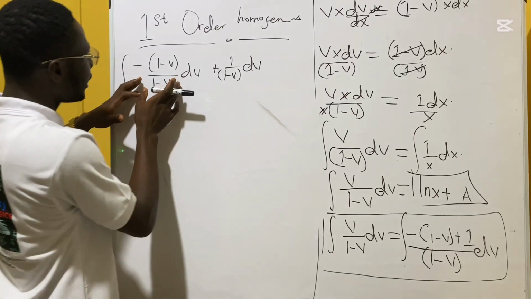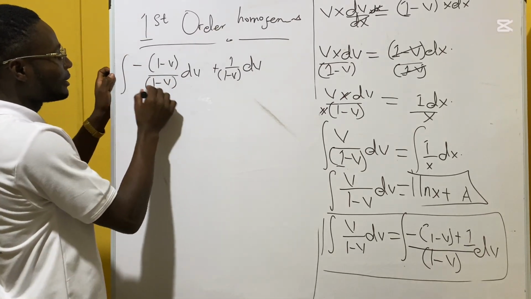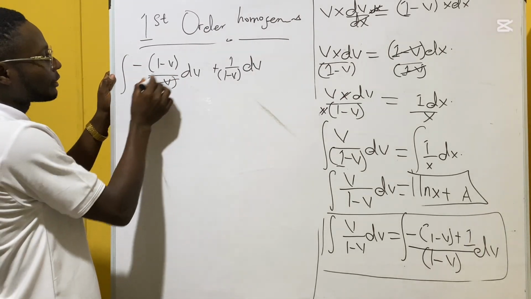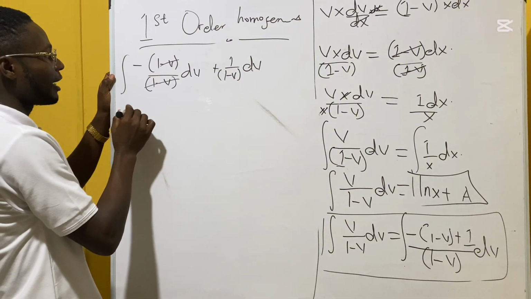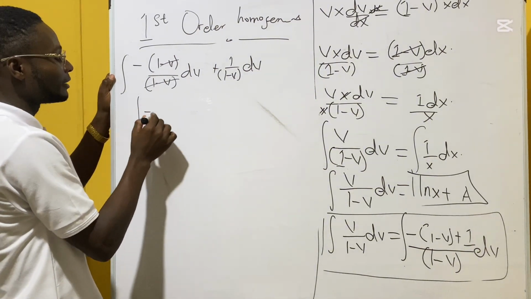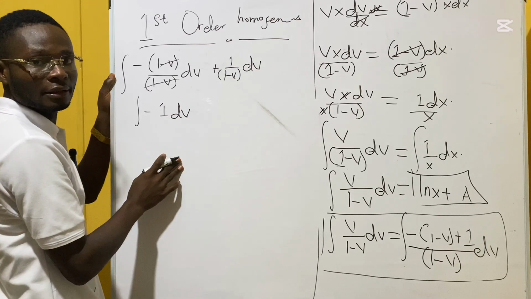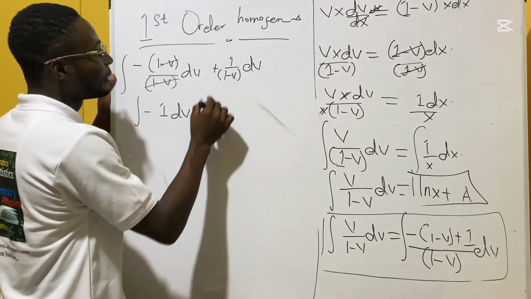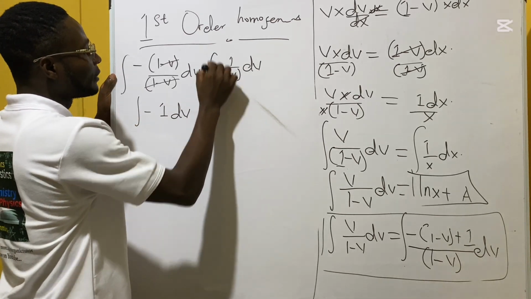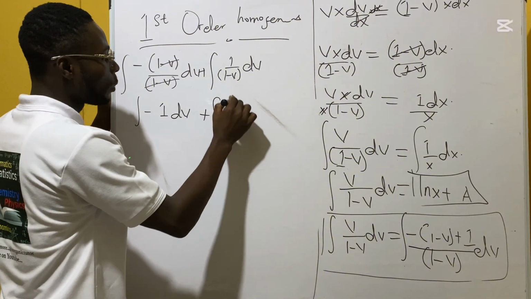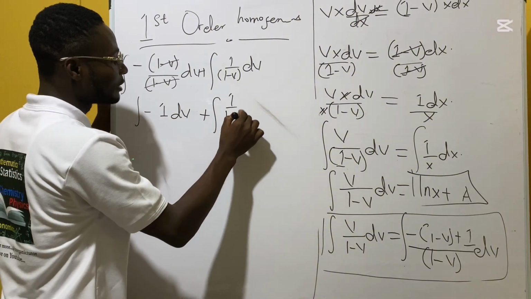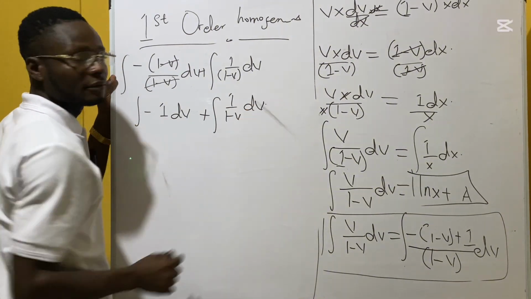Okay, so here we can say that this takes off this. So we have the integral of negative 1 dv, plus the integral of what? 1 on 1 minus v dv.